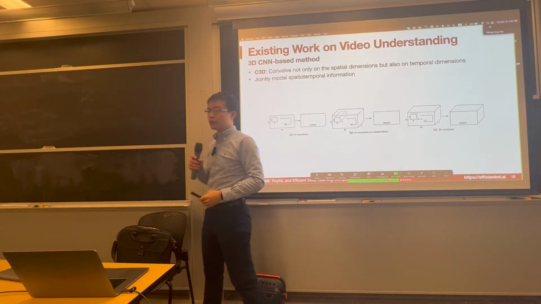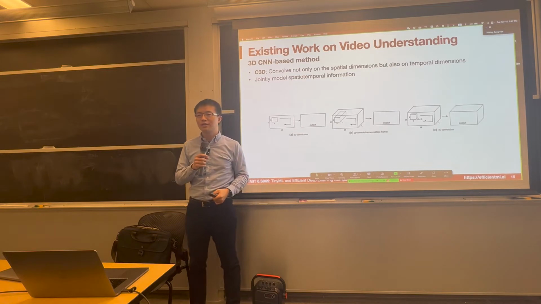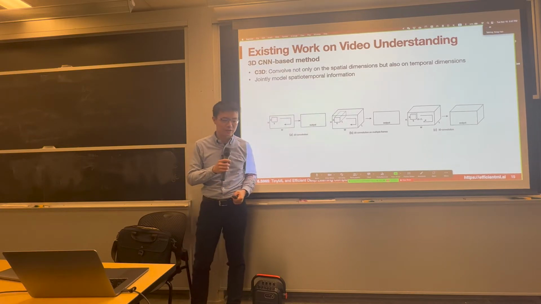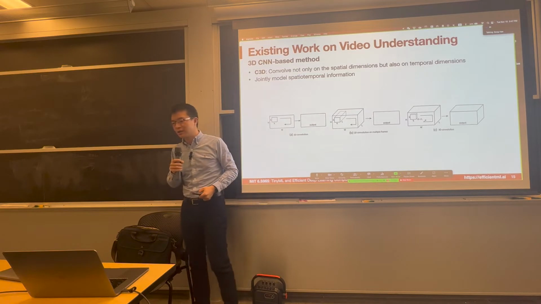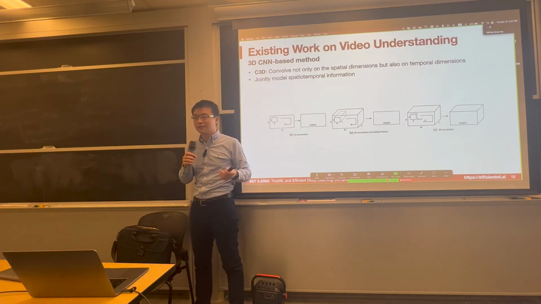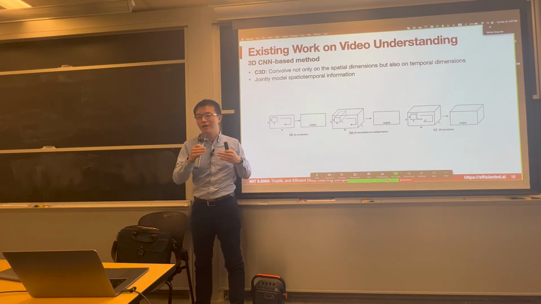So what is the dimension of the convolution kernel in this case? For 2D convolution, we discussed AlexNet, VGG, what is the dimension of the convolution kernels? It's 4 dimensions. We have 3 by 3 by input channel by output channel.